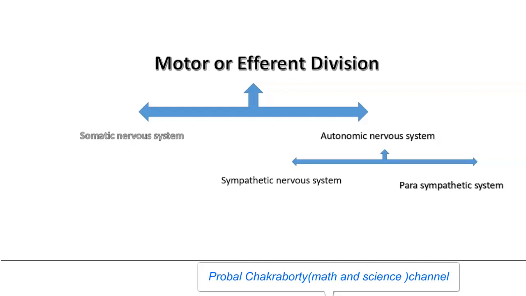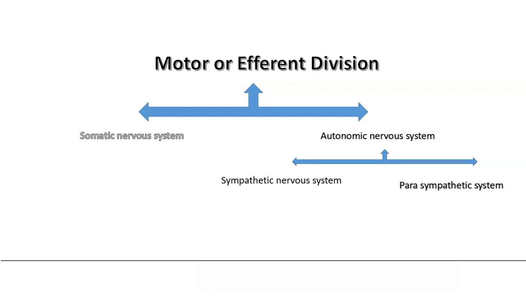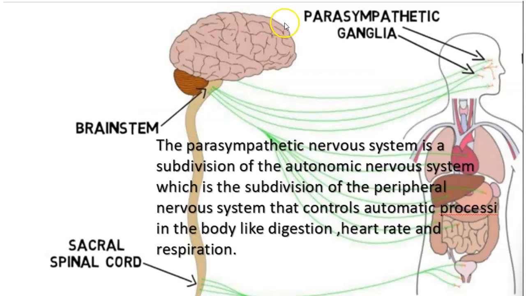So friends, now I want to discuss the parasympathetic system. So we start with the parasympathetic nervous system. The parasympathetic nervous system is a subdivision of the autonomic nervous system, which is a subdivision of the peripheral nervous system that controls automatic processes in the body, like digestion, heart rate and respiration.